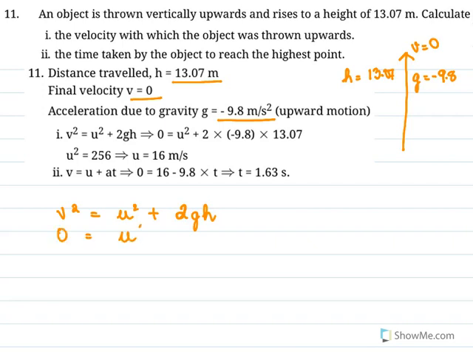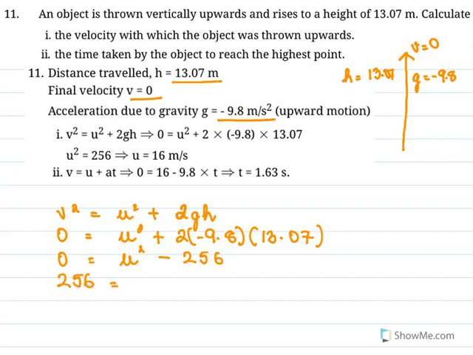Your u you do not know. 2g is minus 9.8 and this is 13.07. So 0 equal to u squared, this is minus 256. So 256 equal to u squared, and u is the square root of 256. So u will be 16 meter per second.